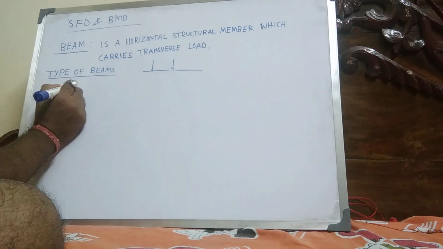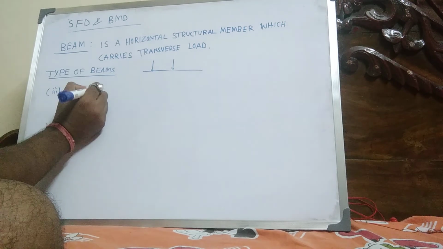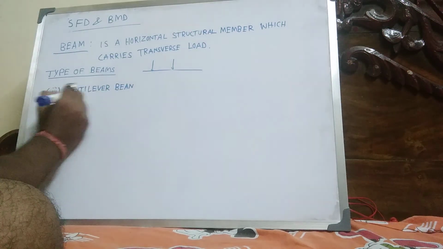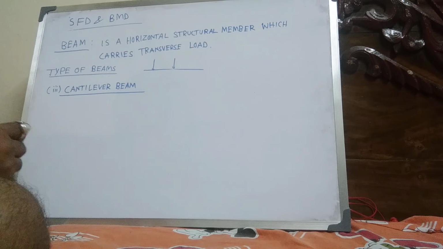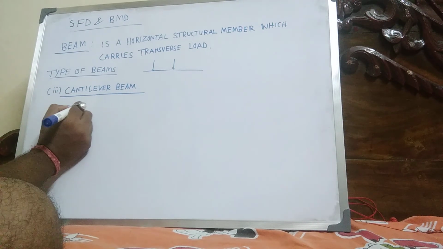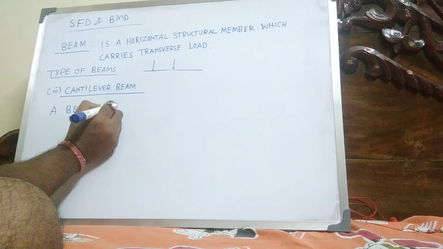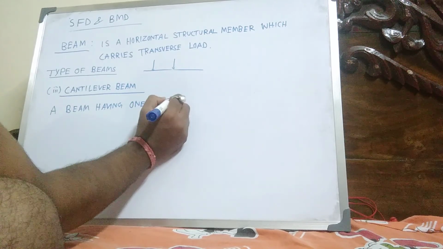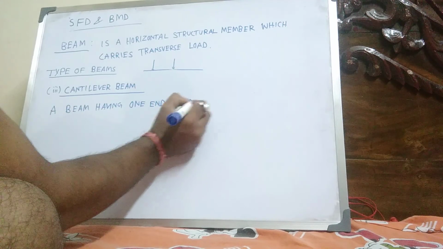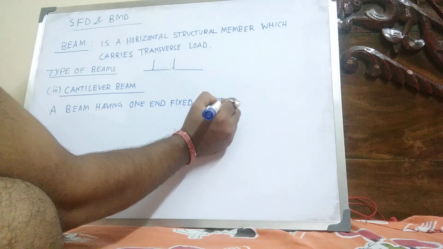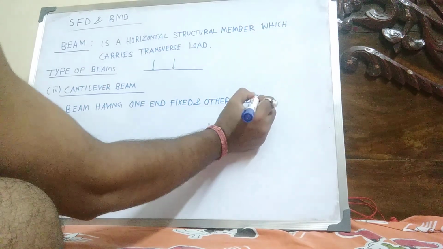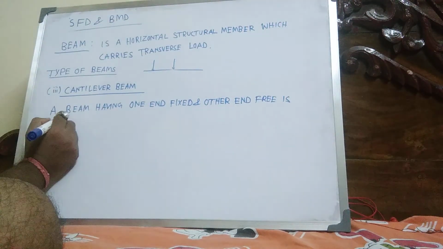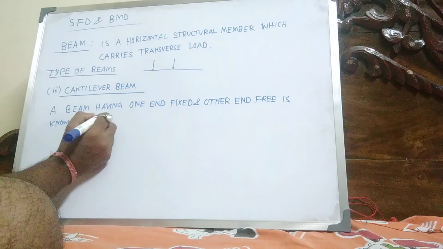Number 3, cantilever beam. A beam having one end fixed and the other end free is known as a cantilever beam.